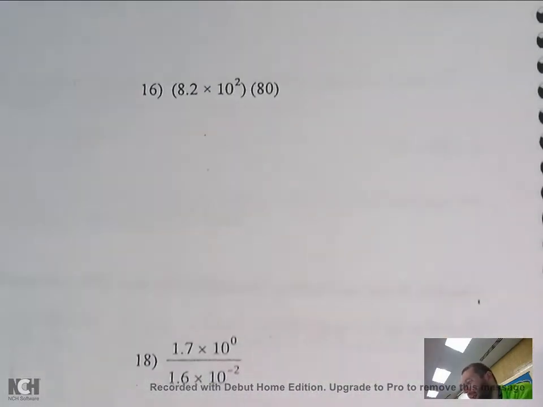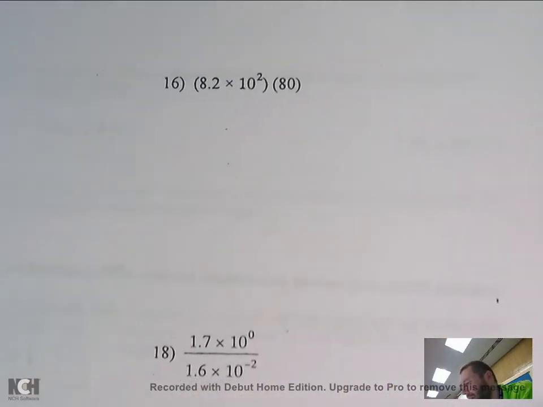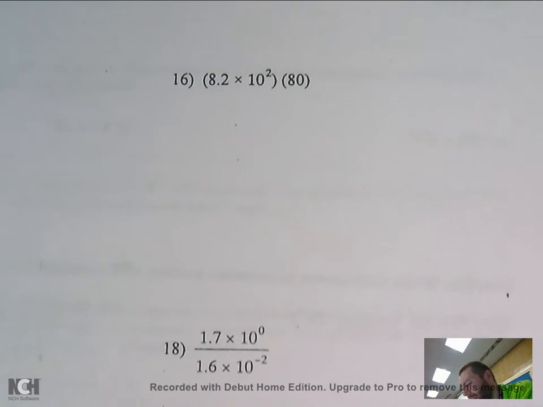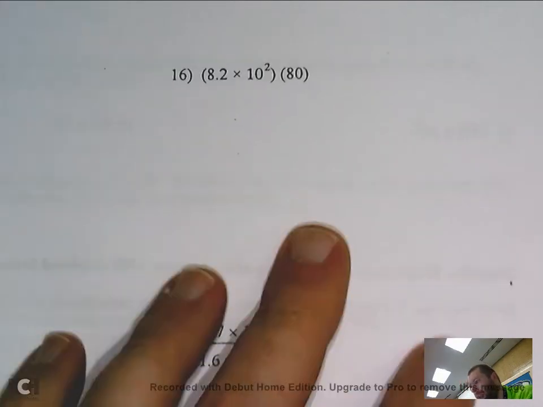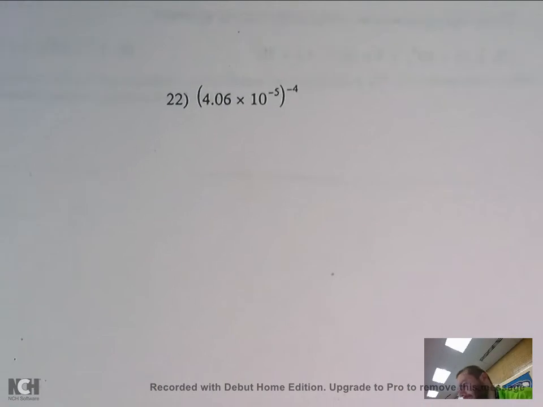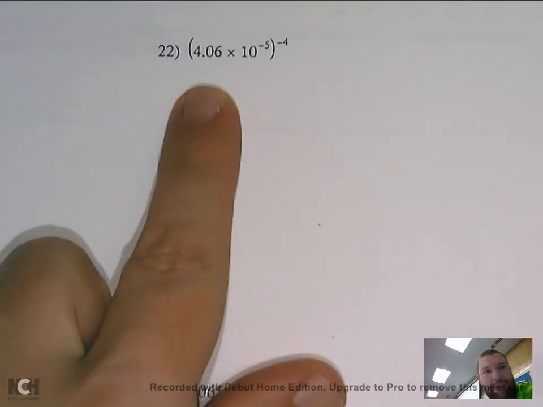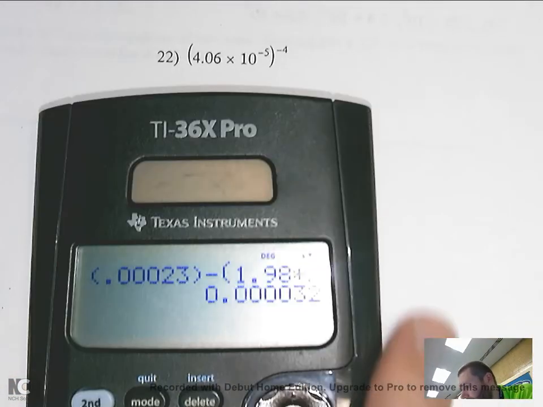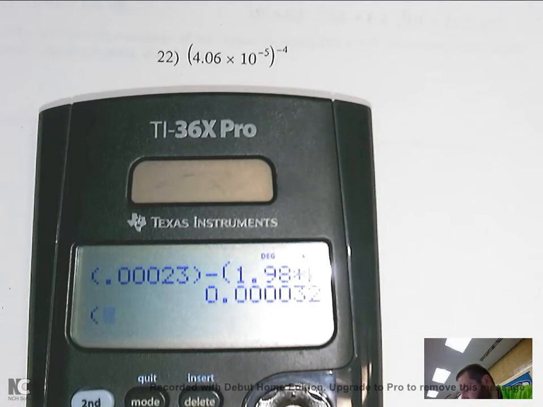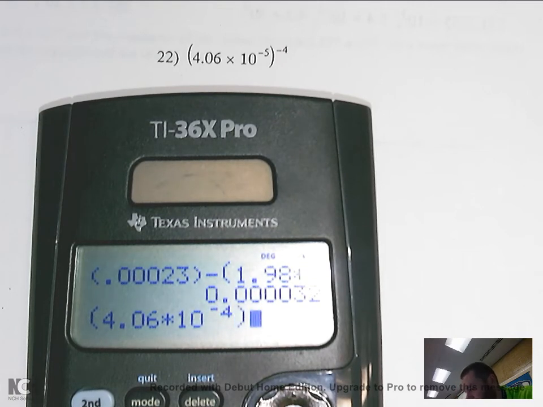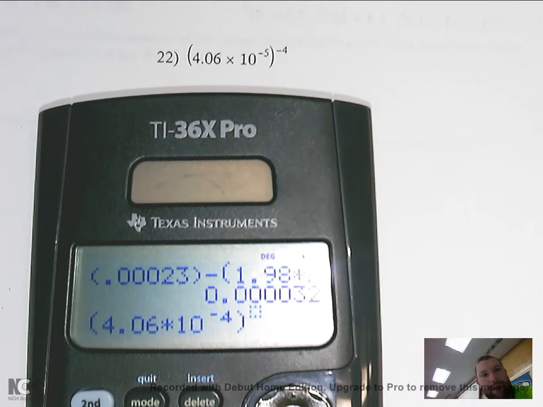Let's look at one that might not fit in scientific notation. So all of these seem to be okay. Let's try this one. 4, so parentheses, 4.06 times 10 to the negative 4, and then parentheses, exponent.